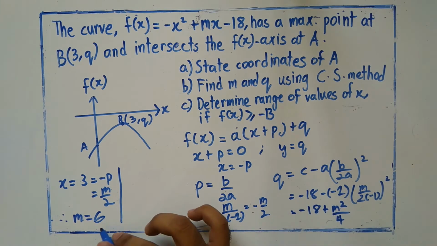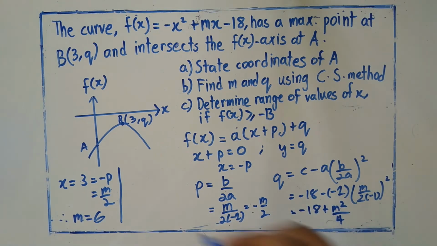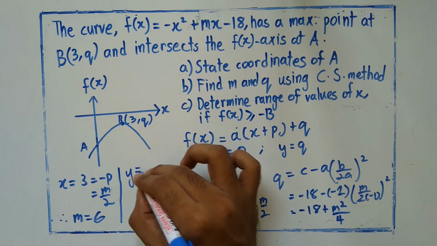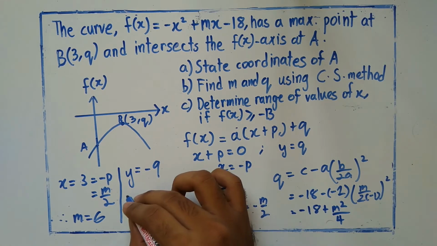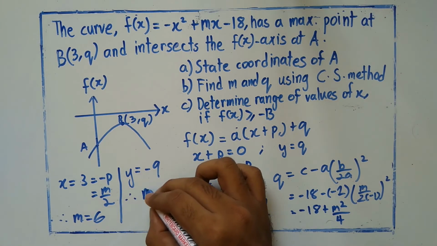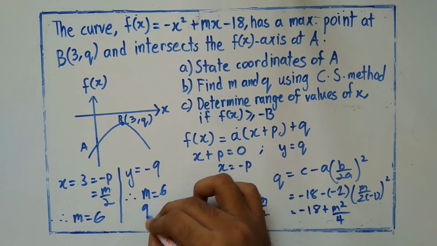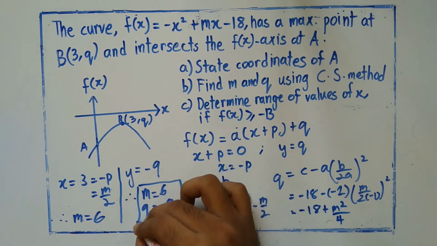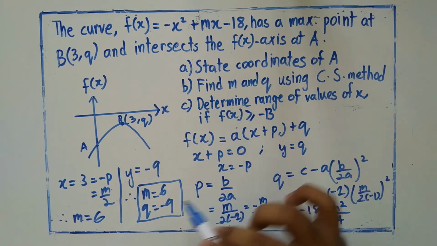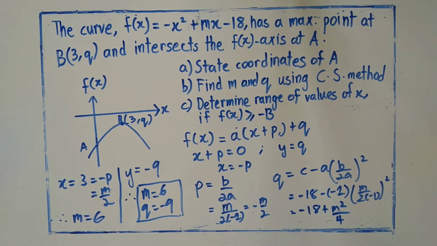When you substitute the value of m into this equation, the value of y will become negative 9. Therefore, m equals 6 and q equals negative 9. These are the answers for m and q.